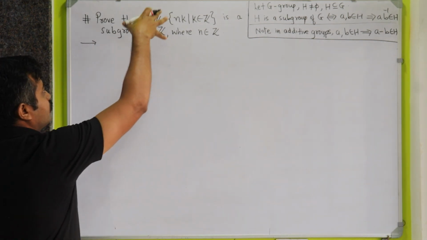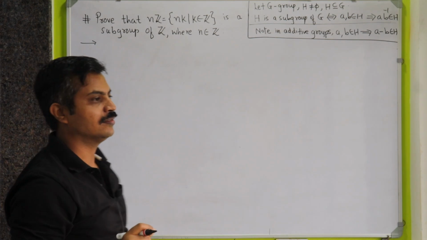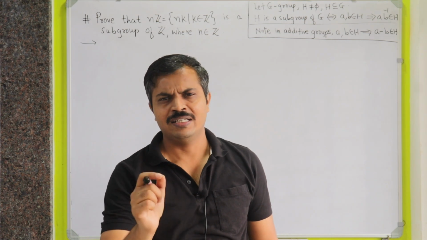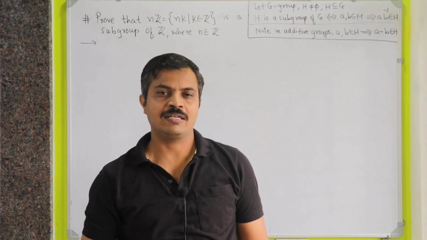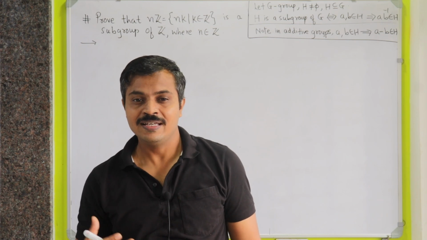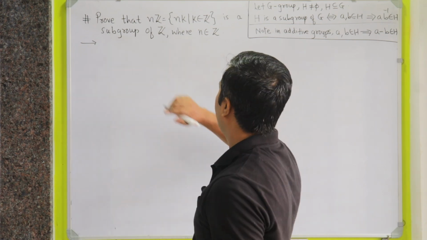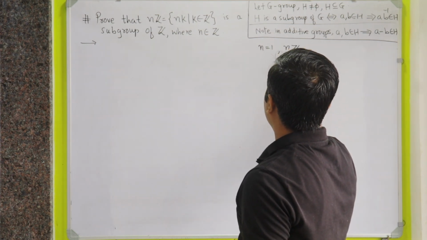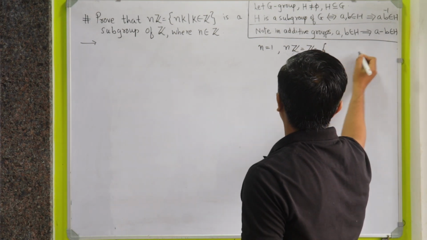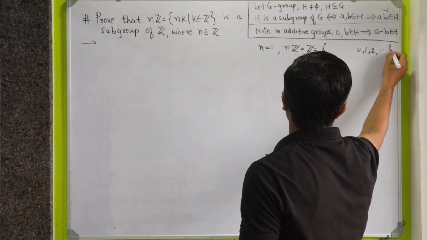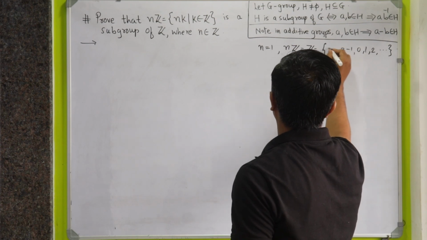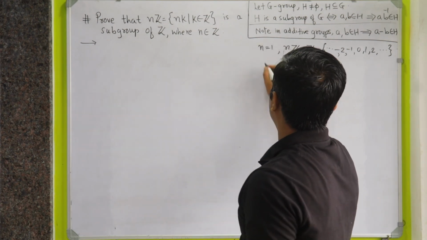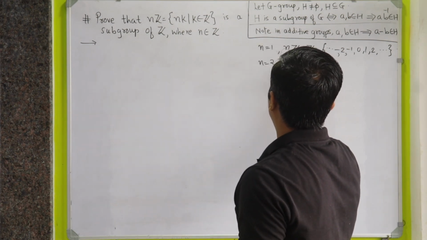Now why will this nZ be non-empty, whatever the value of n may be? Let us try to fix some value of n and understand what this set looks like. If I fix my value of n to be 1, then nZ is actually equal to Z, and we already know the elements of Z. If I fix my value of n as 2, we will get 2Z.